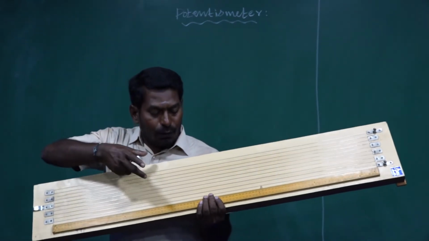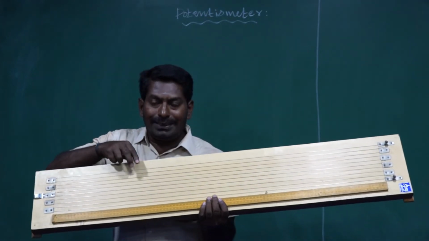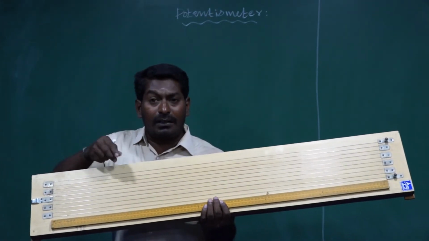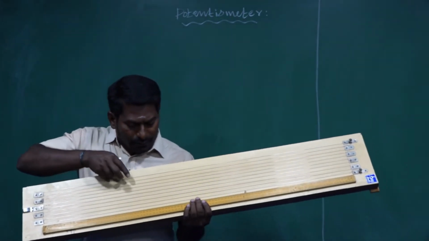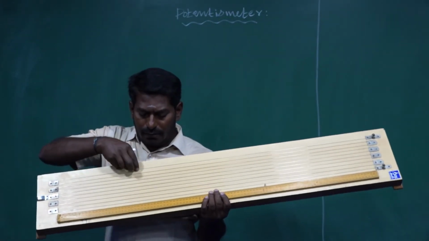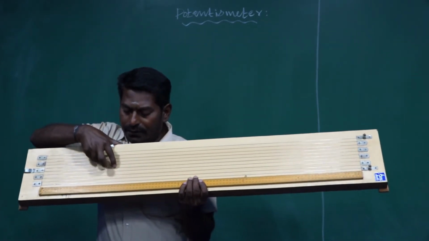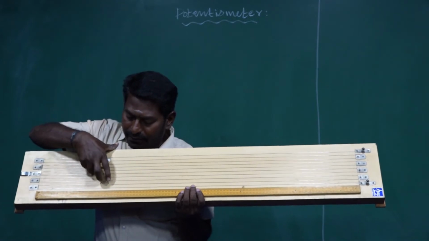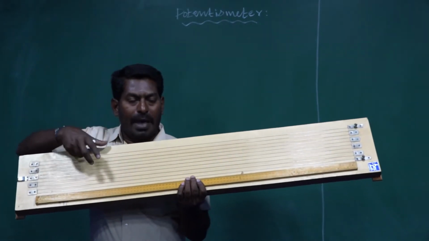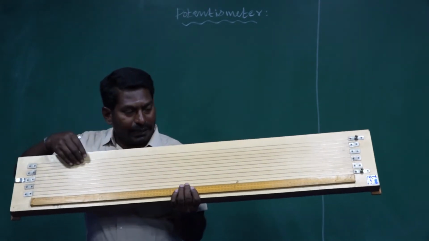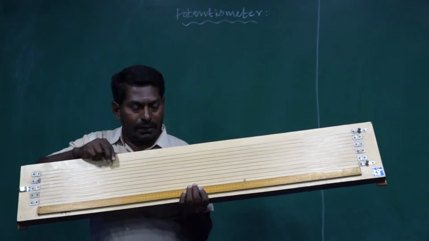The 10-meter uniform manganese wire is divided into 10 segments or 10 equal parts. 1, 2, 3, 4, 5, 6, 7, 8, 9, 10. So the 10-meter uniform manganese wire is divided into 10 segments. Each segment has a length of 1 meter.